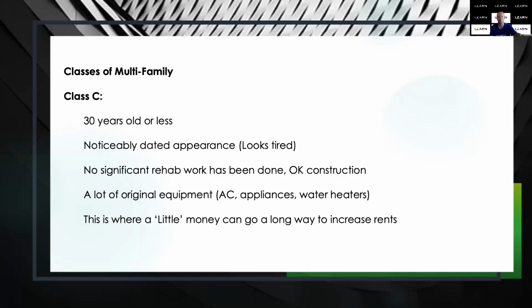We're in 2020, so properties built in the 70s, 80s, early 90s have a lot of wood paneling, Formica countertops, laminate flooring. The bathrooms have been resurfaced as opposed to replaced. They have popcorn ceilings, lower ceilings, a French chateau roof, right? There's plenty of those around that, with just a little bit of love, can make the aesthetics pop that much better. And you can see a 10, 15, 20% pop in rents.